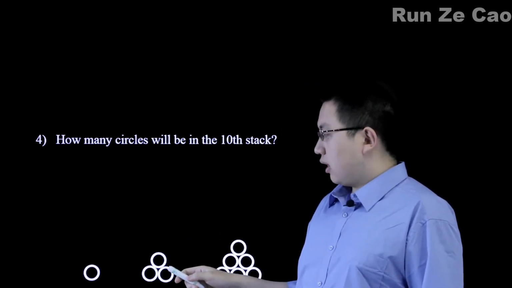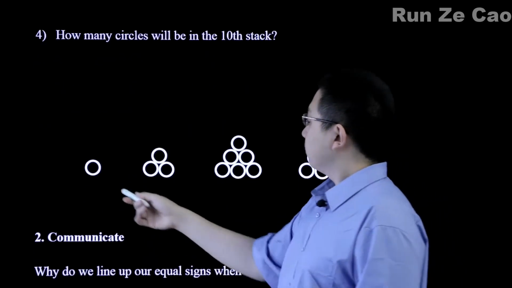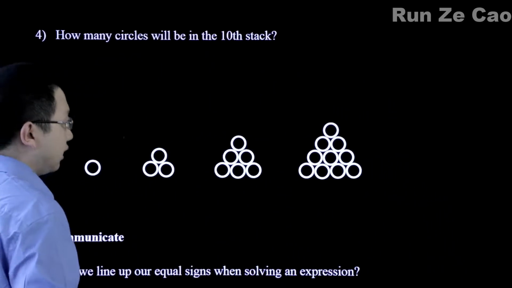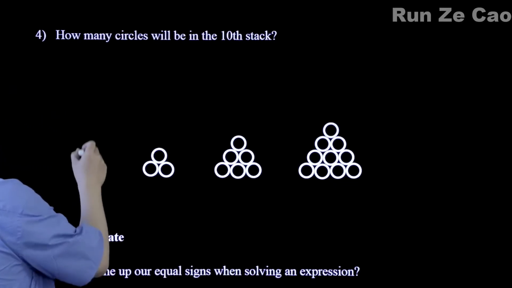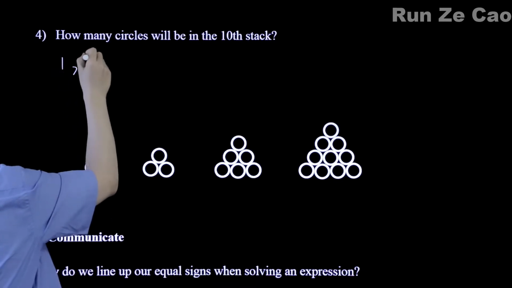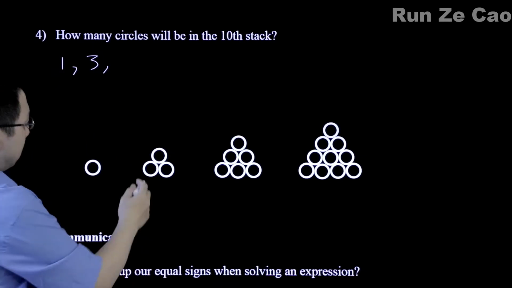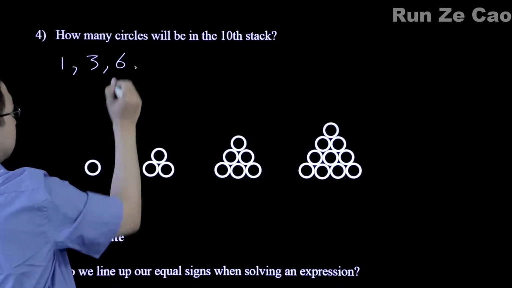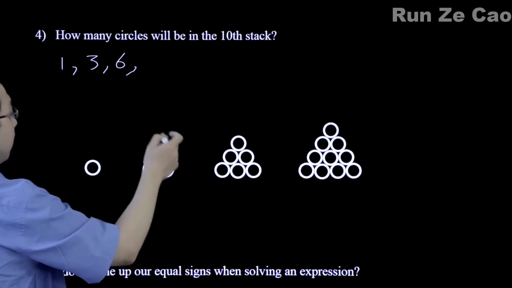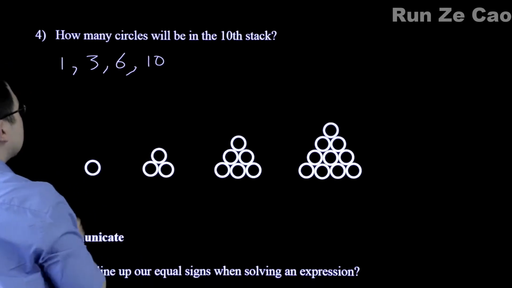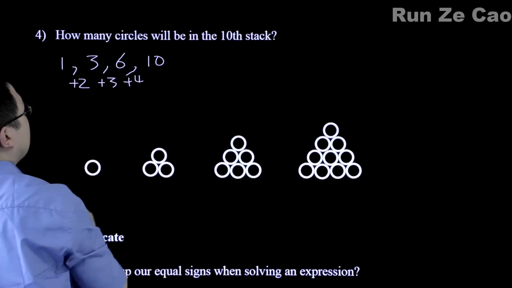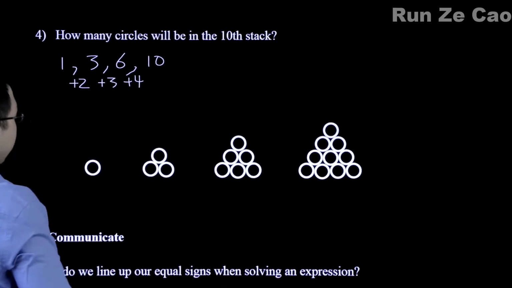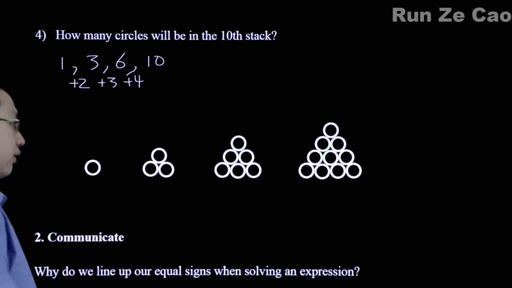Here we will connect between these symbols and numbers. So we're looking for how many circles will be in the 10th stack. So we have 1, 3, and here we have 6, then we have 10, so it's plus 2, plus 3, plus 4, and okay, so for the second stack we had a plus 2, for the first stack we had a 0 plus 1.